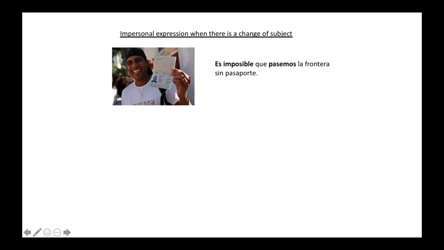You have to conjugate the verb of the second subject into subjunctive: pasemos. This is subjunctive. Indicative is pasamos. Indicative is just non-subjunctive, so you don't have to think too much.